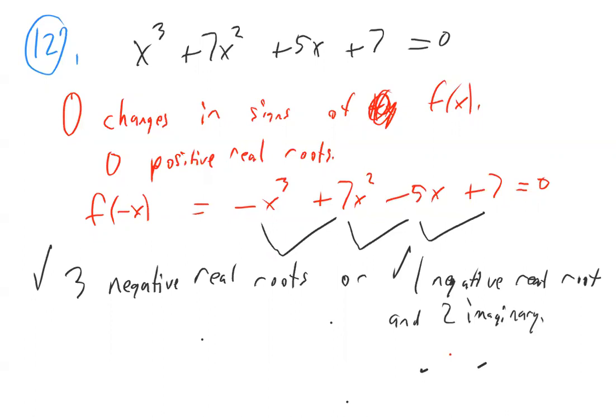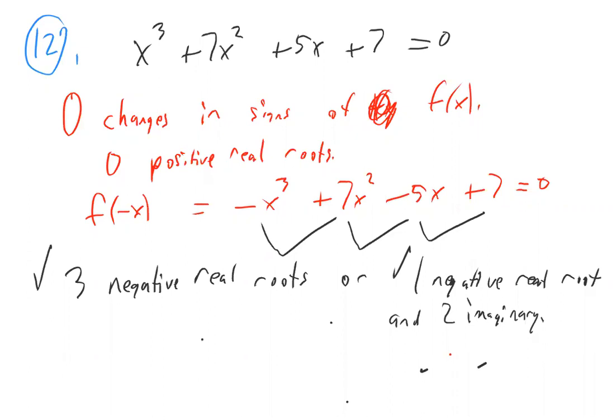So Descartes' rule of signs says that you count the changes in signs of f of x. The number of changes in signs of f of x is equal to the number of positive real roots, or it's equal to the number of positive real roots combined together with pairs of imaginary roots.